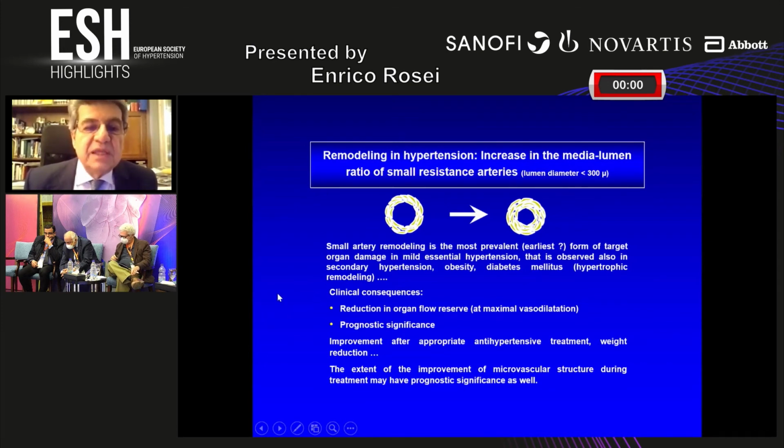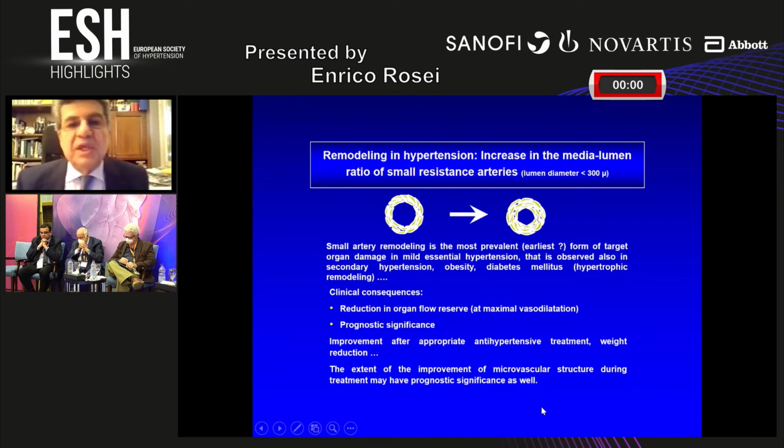It has clinical consequences, mainly reduction in organ flow reserve at maximal vasodilatation, and it has a very important prognostic significance. It is possible an improvement, even regression to normal after appropriate antihypertensive treatment, and also after weight reduction. And the extent of the improvement of microvascular structure during treatment may have prognostic significance as well.